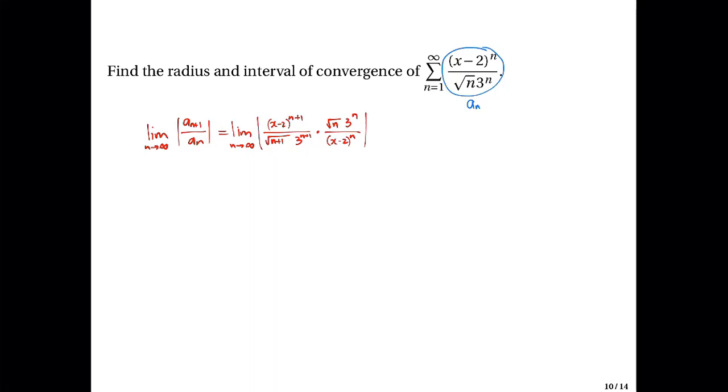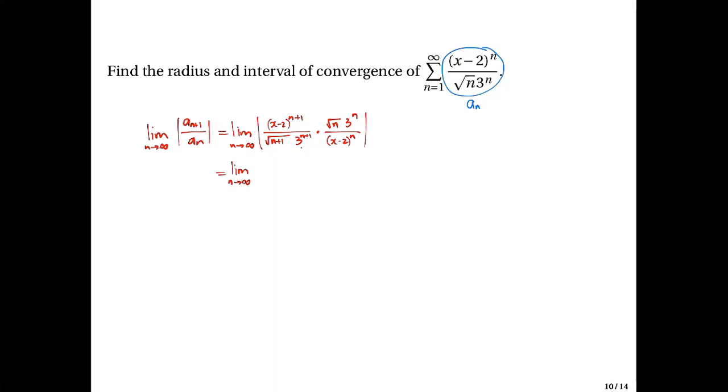And let's work on this completely. What we're going to do is separate the x minus 2 from the x minus 2 to the n. And also, we separate the 3 here from 3 to the n.